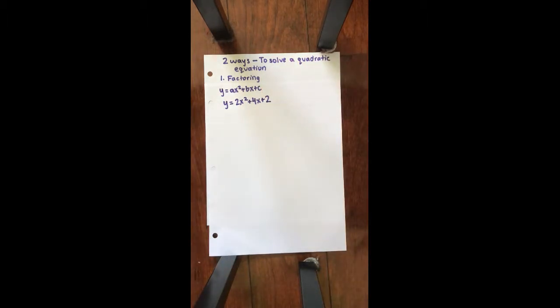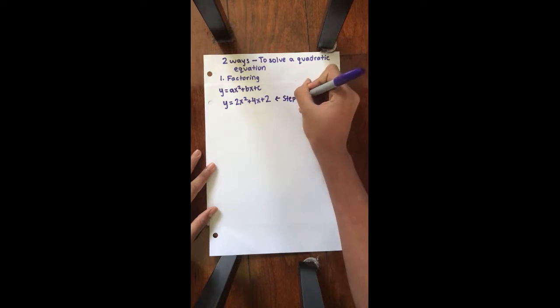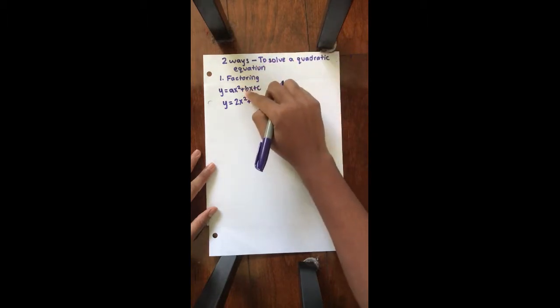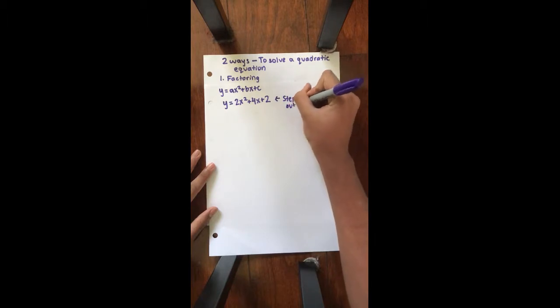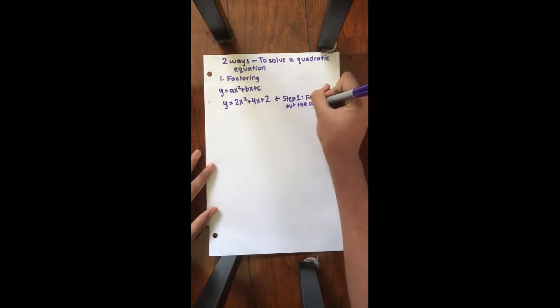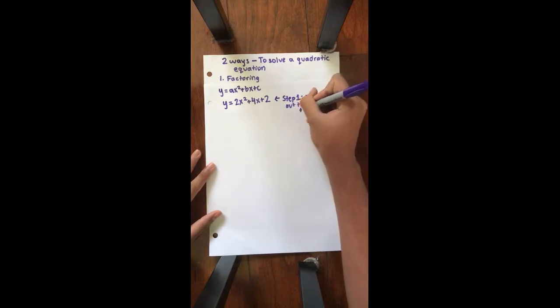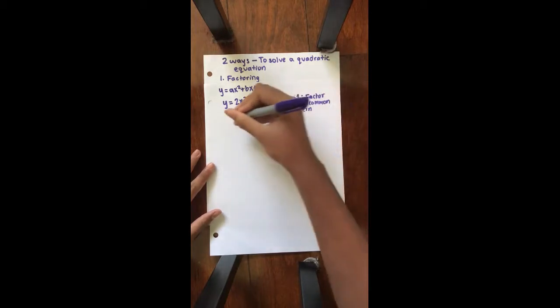First, what I like to do is factor out the common term. So step 1 for solving an equation in this form is to factor out the common term. As you can see, the common term is 2.